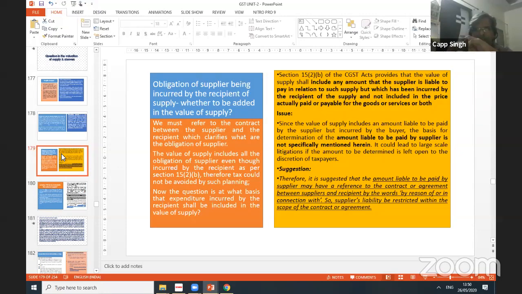So all this depends upon the nature of the contract. So we have to refer to the contract. If some obligation of the supplier is being paid by the recipient, then it will be included in the value of supply. If not, then it will not be included in the value of supply. So this point we must note.